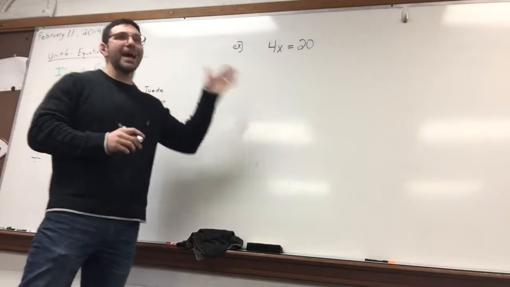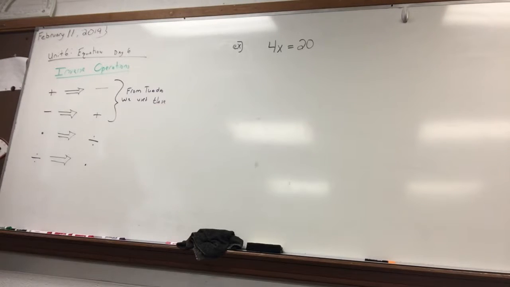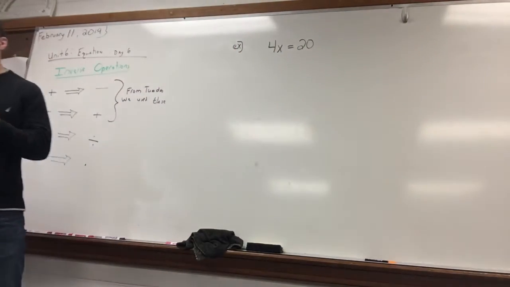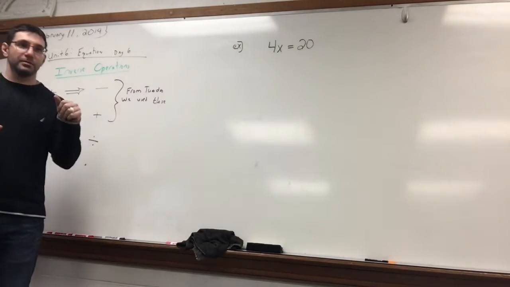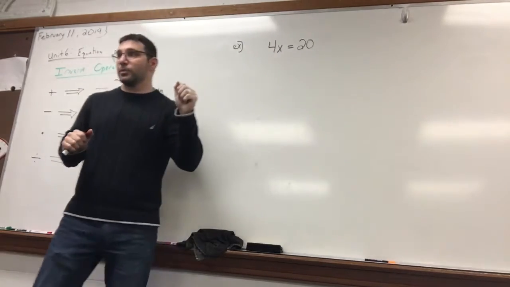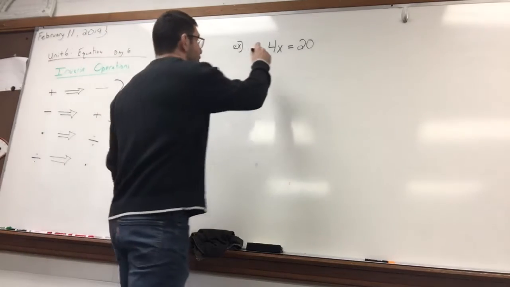The first thing we have to understand is, anytime there is a number smack dab up against a variable, what operation is that? Ryan? Multiplication. This says 4 multiplied by x. Do not write this down. Just watch.